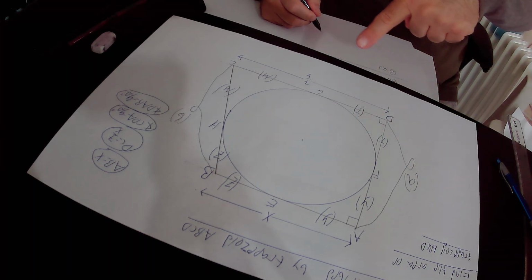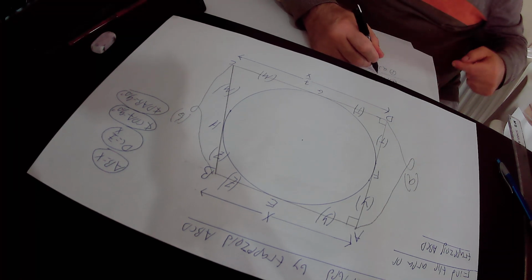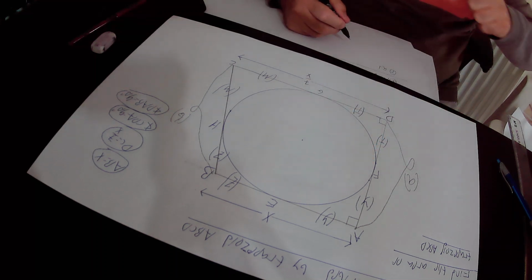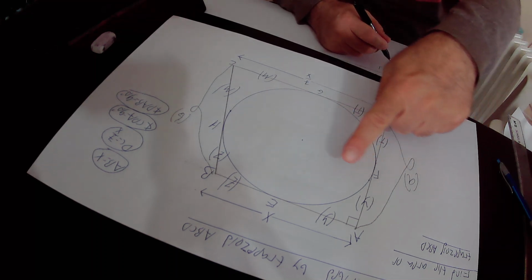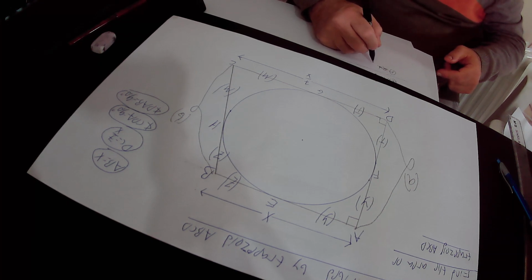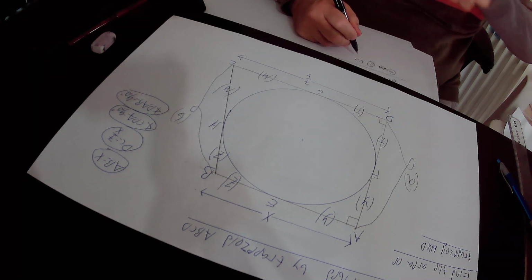AB is X, so we substitute AB by X. Plus DC.